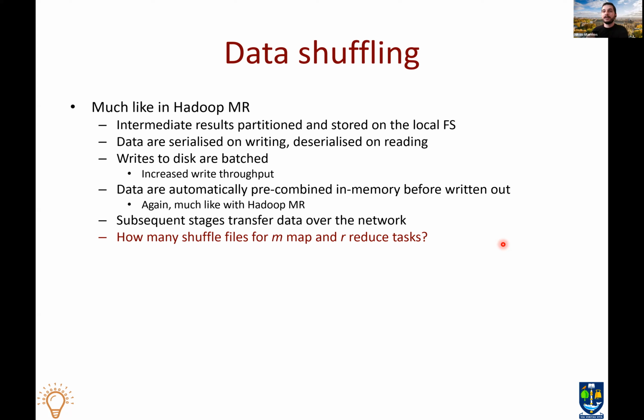Okay. So if I had a map reduce situation and the shuffle in the middle, I would have M times R files created on the map side. Okay. M times R shuffle files.